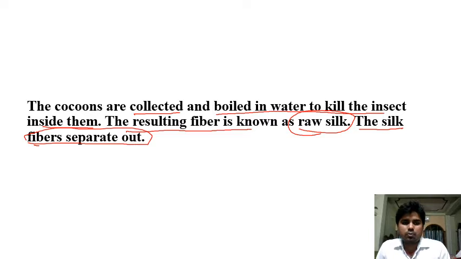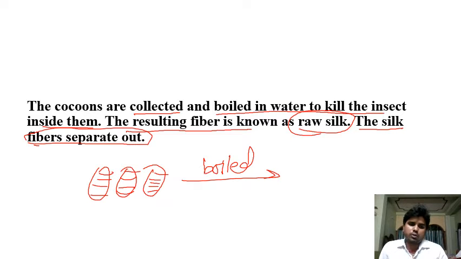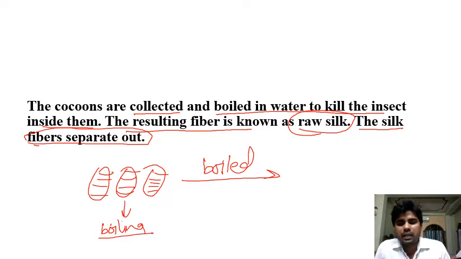So students, see, whatever cocoons are formed by the farmer, they are directly boiled in the water. So one question: are all the cocoons boiled and killed? Yes or no? No students, not all the cocoons are kept in boiling water, because some cocoons are left for the development of moth formation.